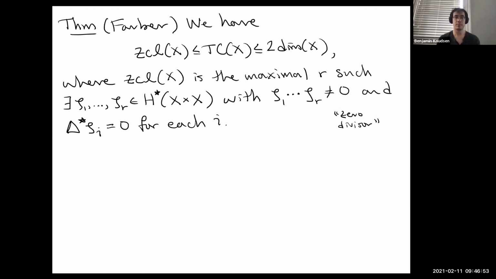So having Δ*(ζ_i) equal to zero, that's called being a zero divisor. And so r is the largest length of a non-trivial product of zero divisors, hence the name. Presumably this is familiar to many people in the audience. Are there any questions about any of this?